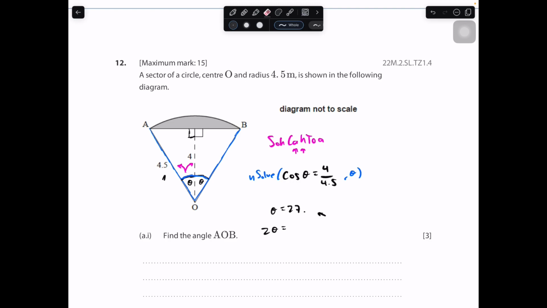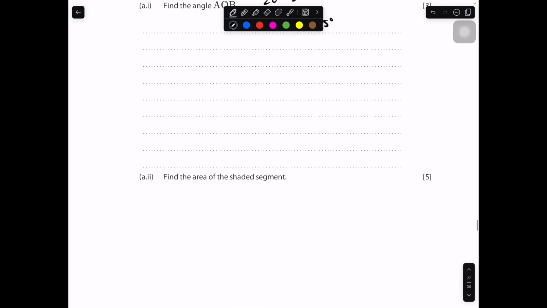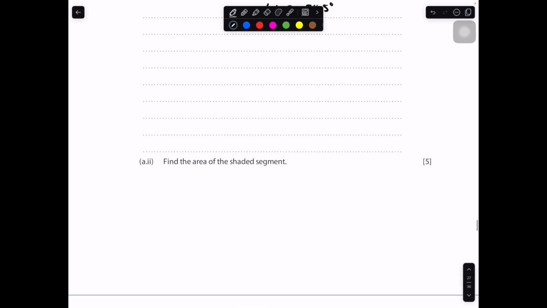So this was 27.266, for example, and we multiply it by 2, we get 54.5. Okay, so therefore angle AOB is equal to 54.5 degrees.